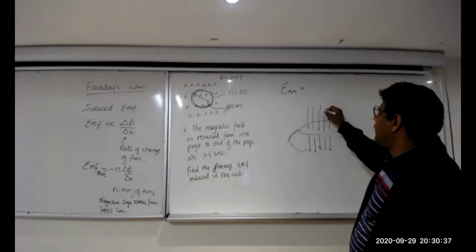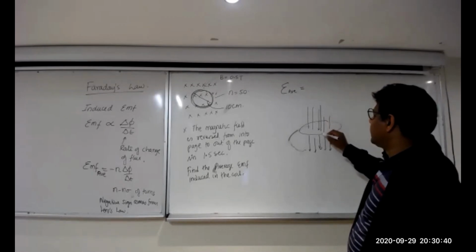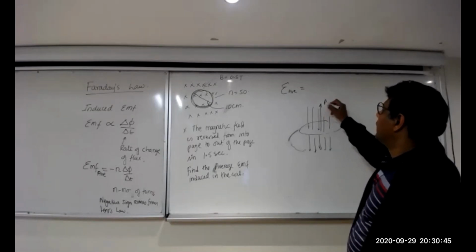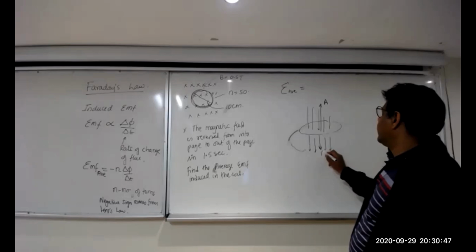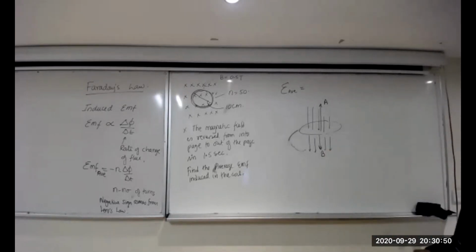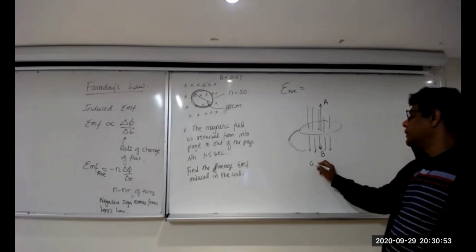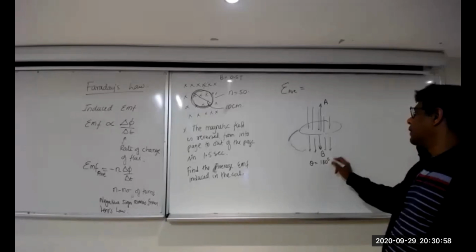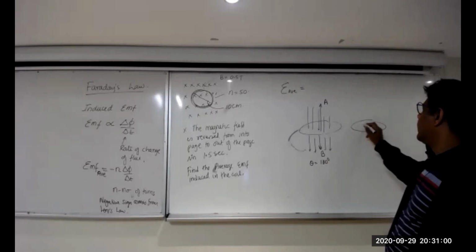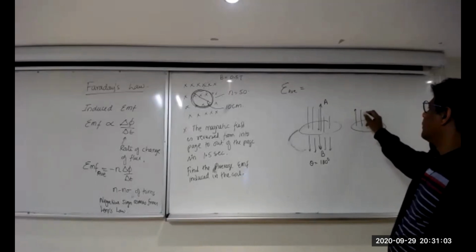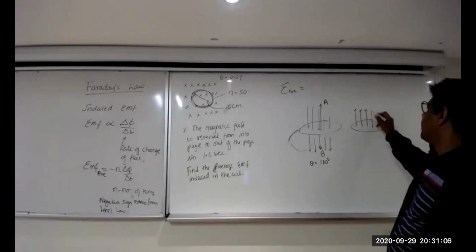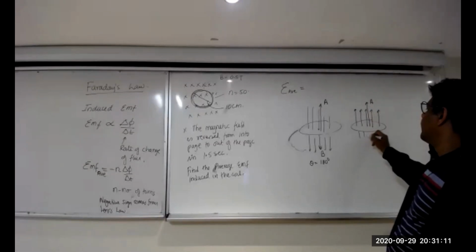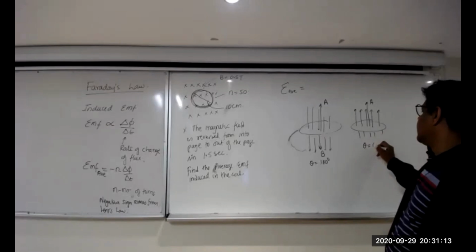You can consider your area vector originally in the same direction, or maybe opposite to that. So the angle in this case is 180. And then you're swapping back to parallel. That's your area vector, and the angle in this case, theta equals 0.